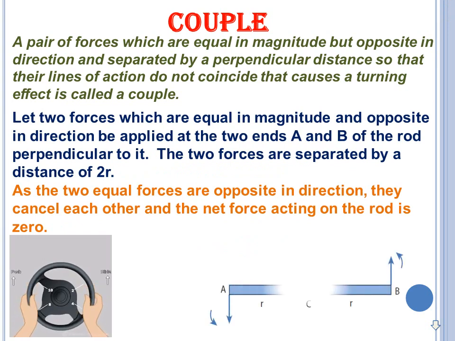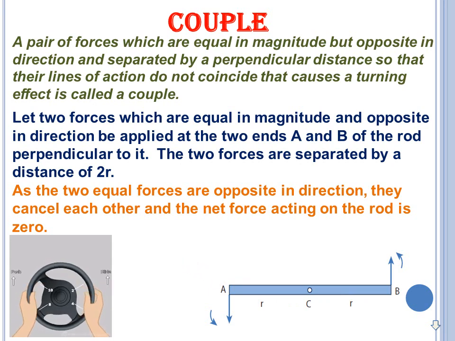Let two forces which are equal in magnitude but opposite in direction be applied at the two ends A and B of the rod, perpendicular to it. The two forces are separated by a distance of 2r, which is r on one side and r on the other, so altogether it is 2r.